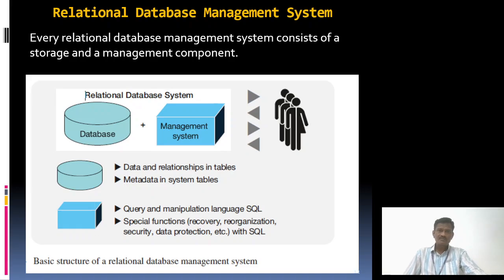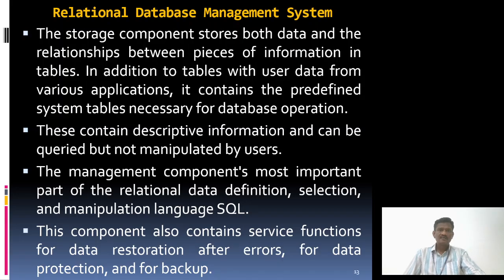The diagram shows the basic structure of the database management system and its components. The storage component contains user tables for applications, system tables for metadata. System tables store information about schema, constraints, users, etc., but cannot be modified by users.